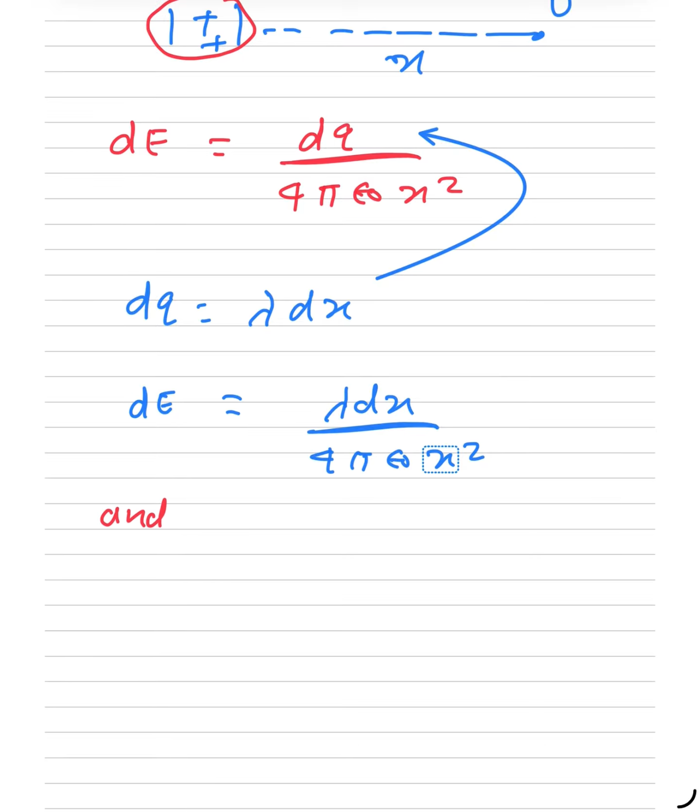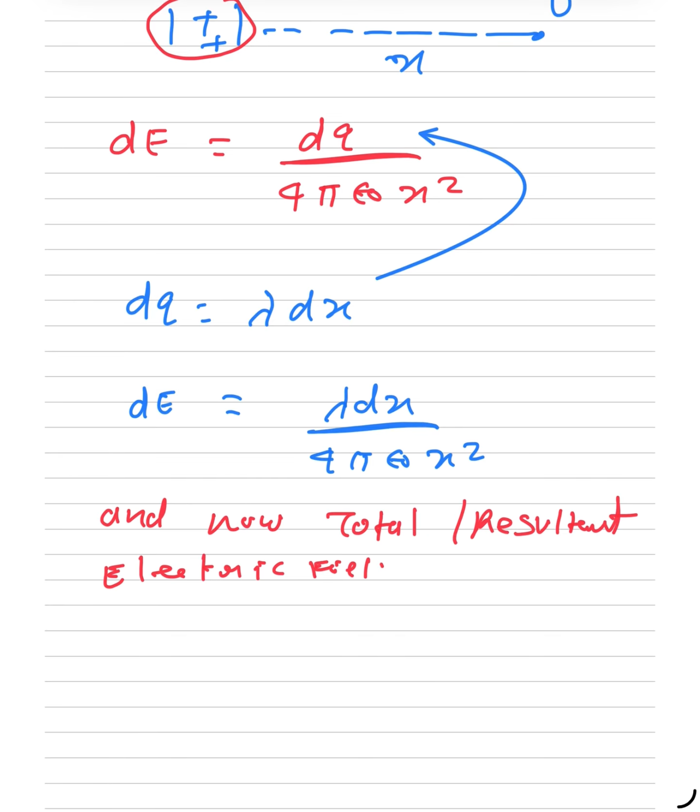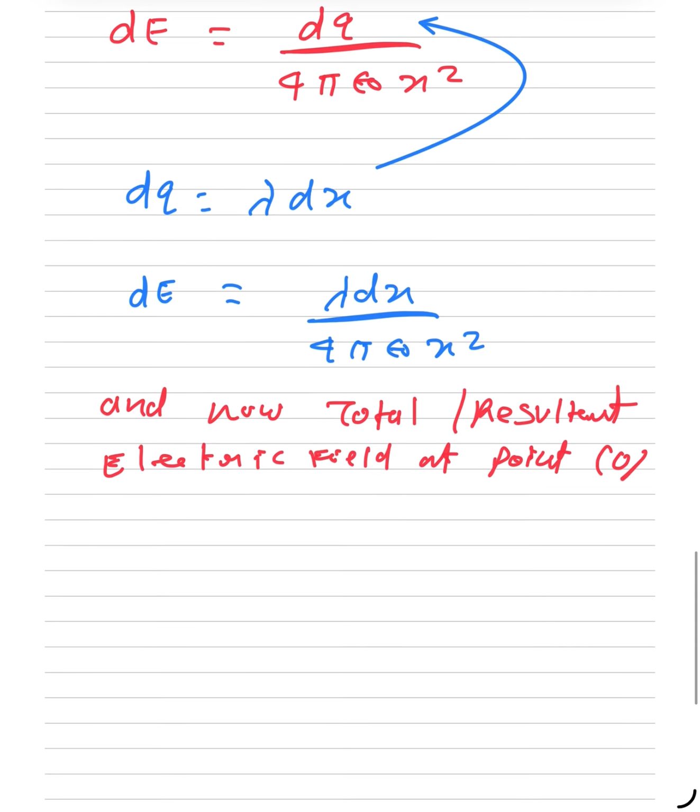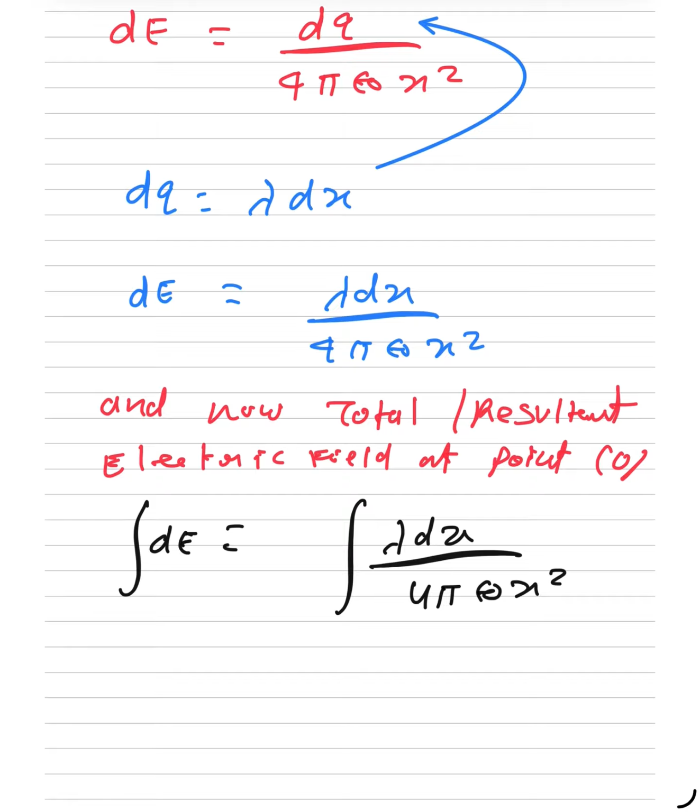And now the total, the resultant electric field, integration on both sides. Integration of dE equals integration of lambda times dx divided by 4 pi epsilon naught x square, using limit from r to r plus l, right?